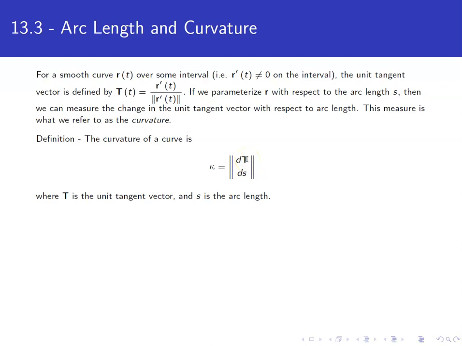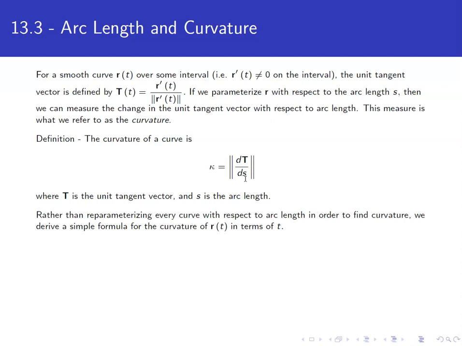How is the unit tangent vector changing with respect to the arc length in a length sense, in a magnitude sense? Okay, so we'll take the magnitude of the derivative of the unit tangent vector with respect to arc length.